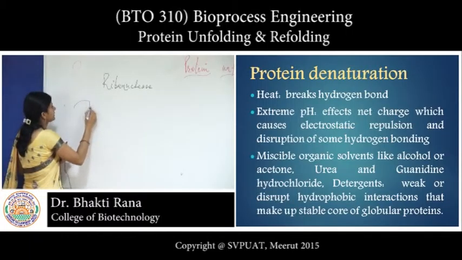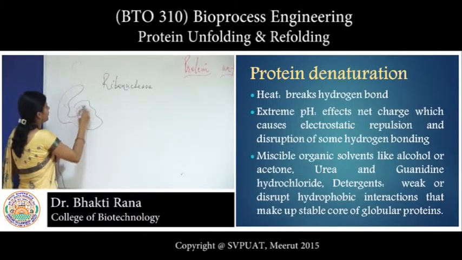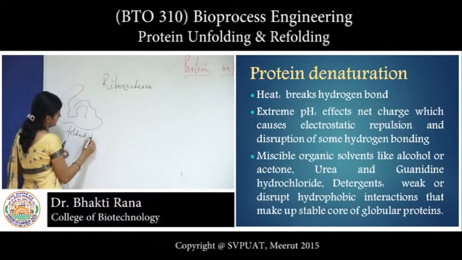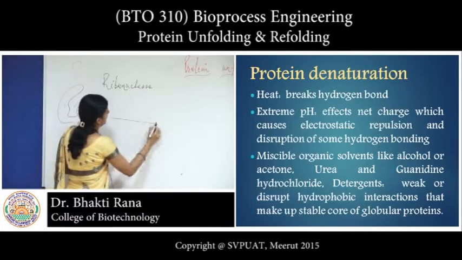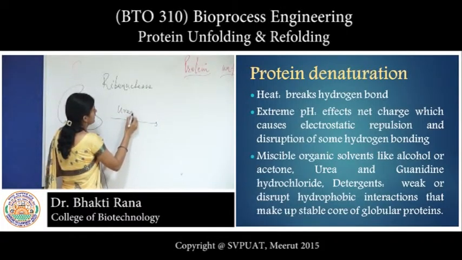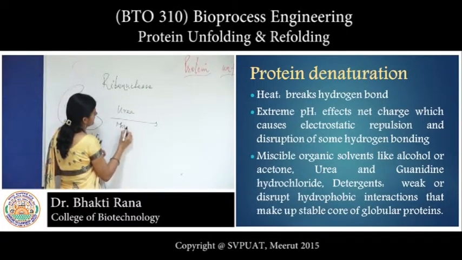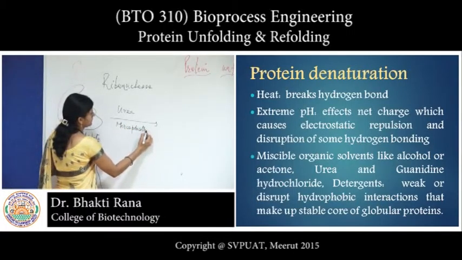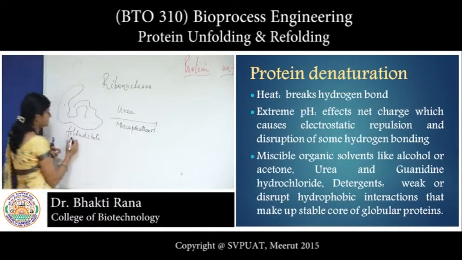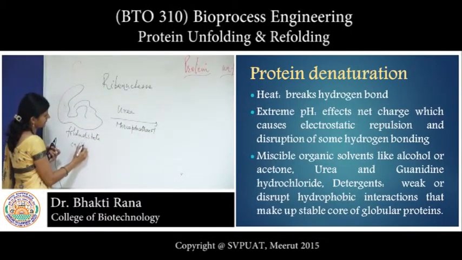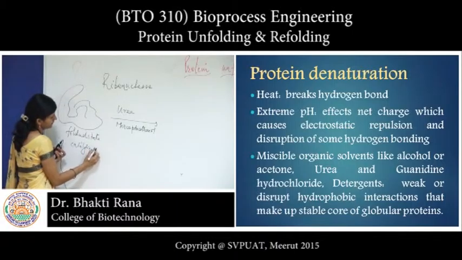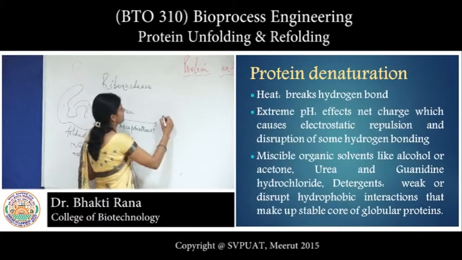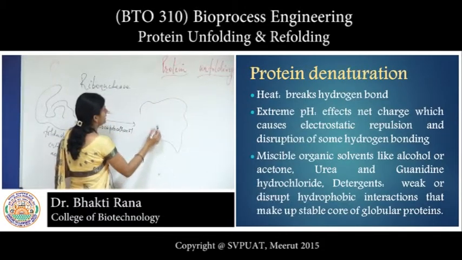For example, you can take the example of ribonuclease. You can see that this protein is in the folded state. When you add urea and mercaptoethanol, this folded state, which is catalytically active, gets unfolded.